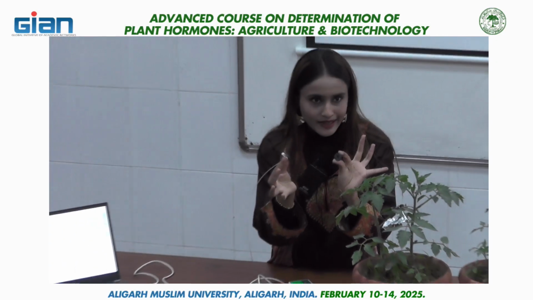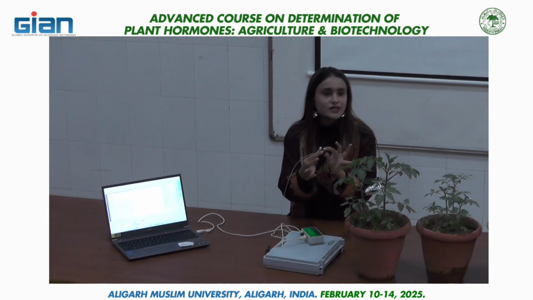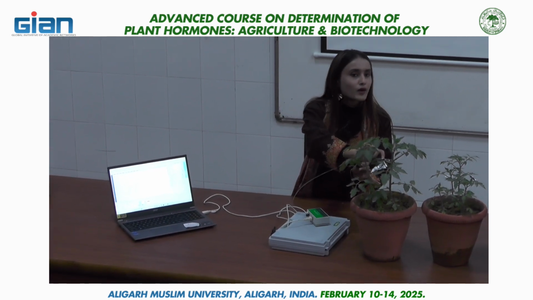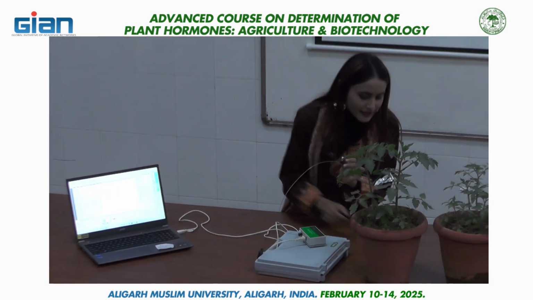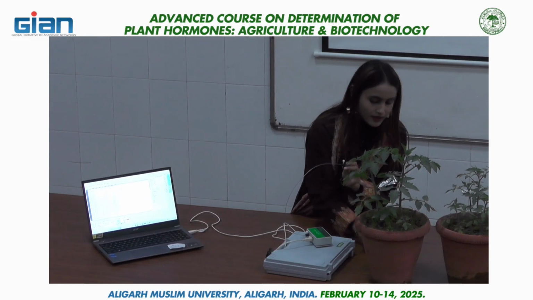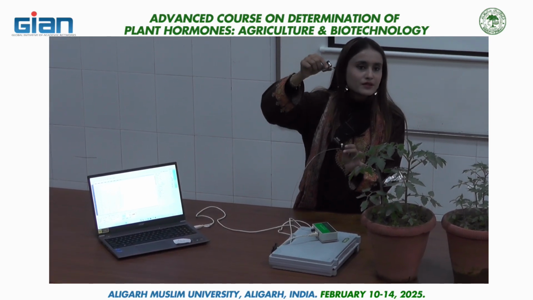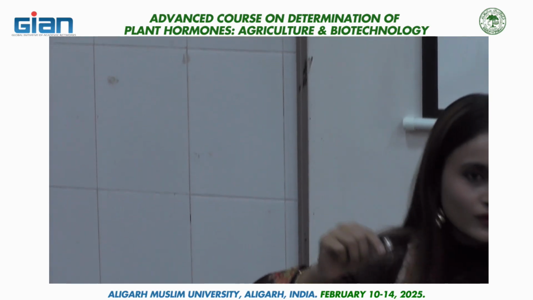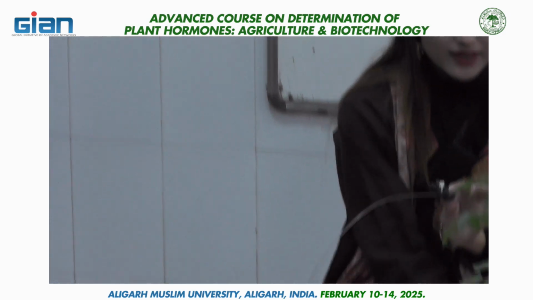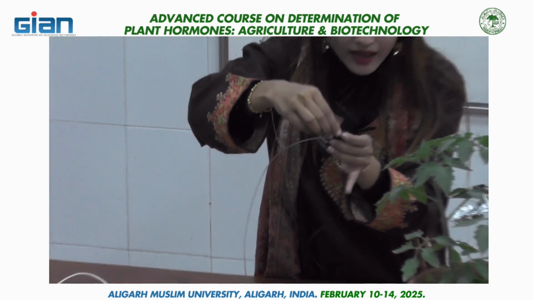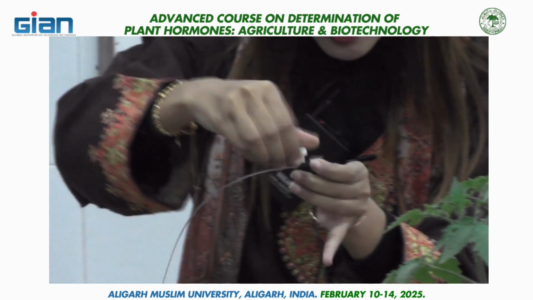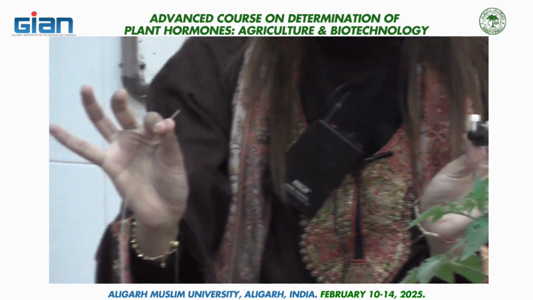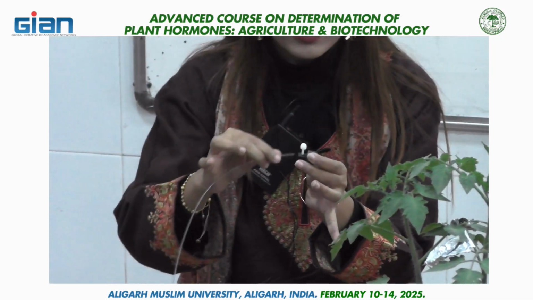Basically, this magnetic sensor is used for studying dark adapted samples, while this clip is used to study samples which are light adapted. So I am going to demonstrate how we can study it. Here we can also take this fiber out of it.